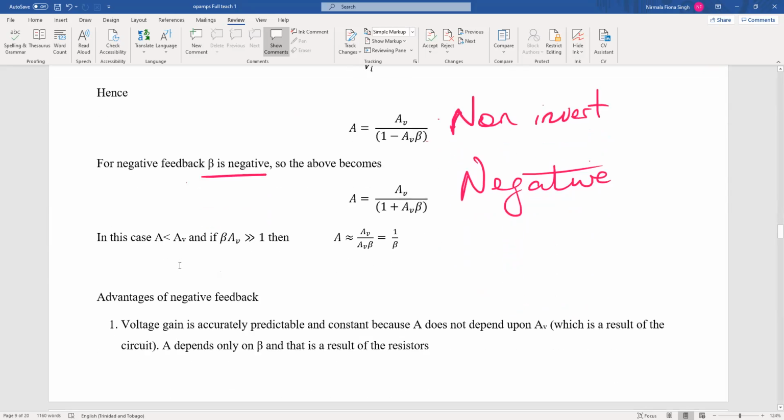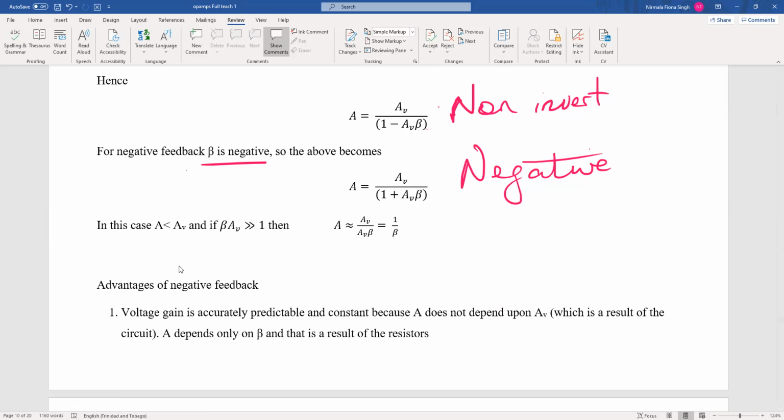Now, we do have two situations to look at. In this case, the gain is less than the closed loop gain. All right, why will gain be less than the closed loop gain? Let's just put in a value here and see what you're going to get. Suppose beta is a fraction, and if AV is equal to 1, let's see what our gain will be.